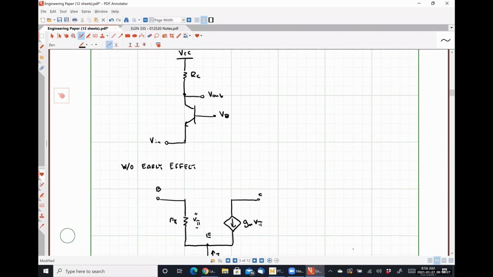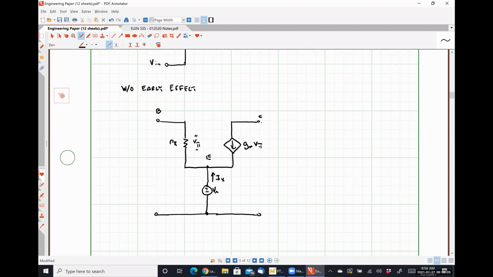So that is going to be between the collector and ground. So here is RC. And what do I place between the base terminal and ground?